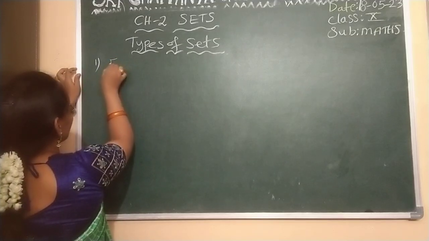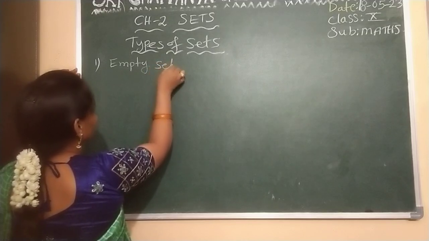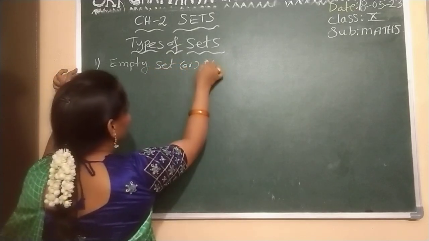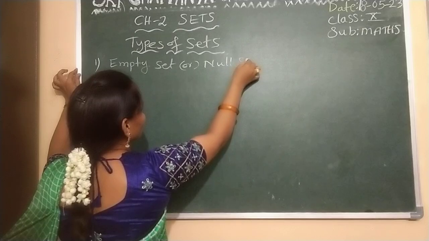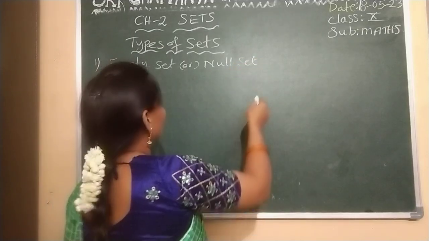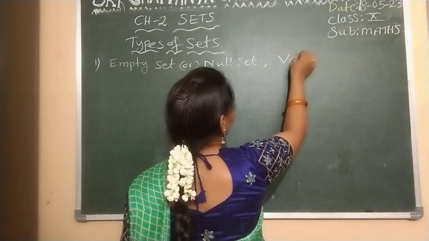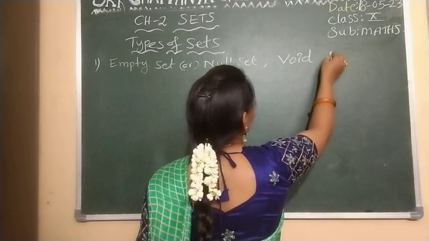First type is empty set or null set or void set. What other name also there, that is void set.